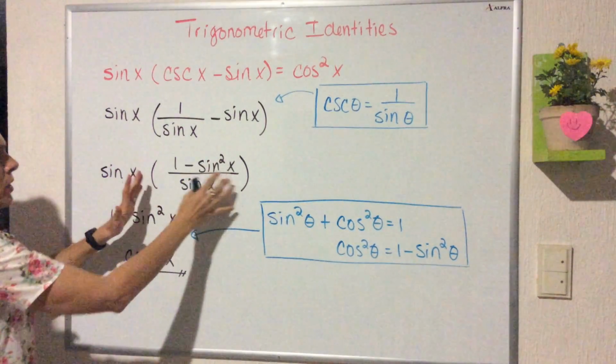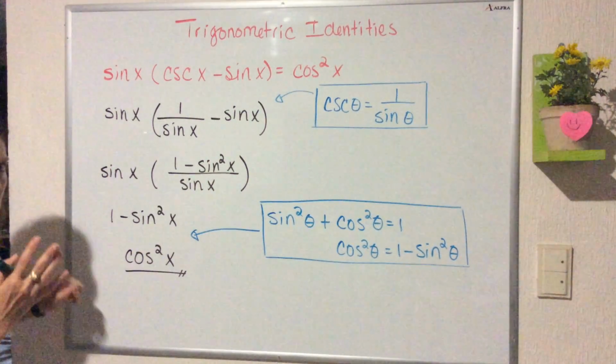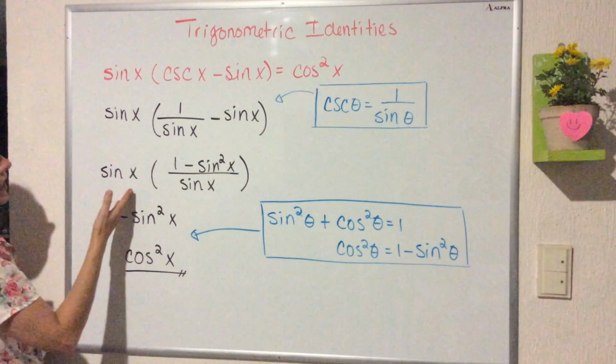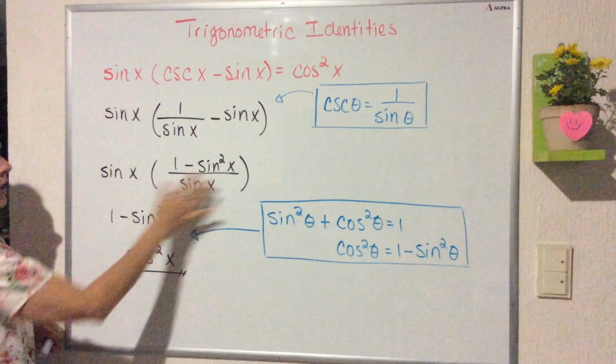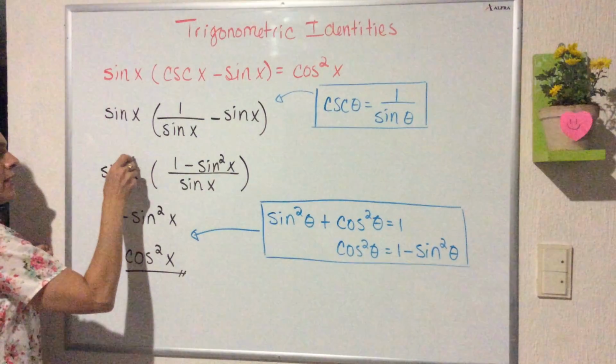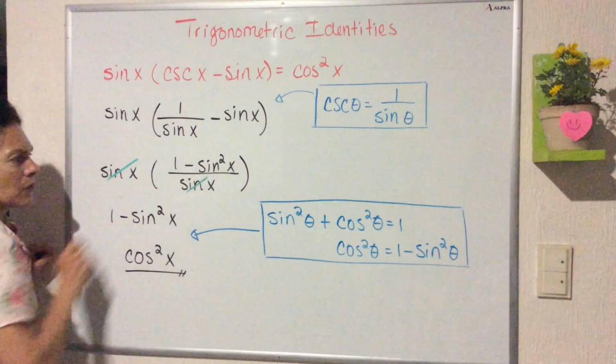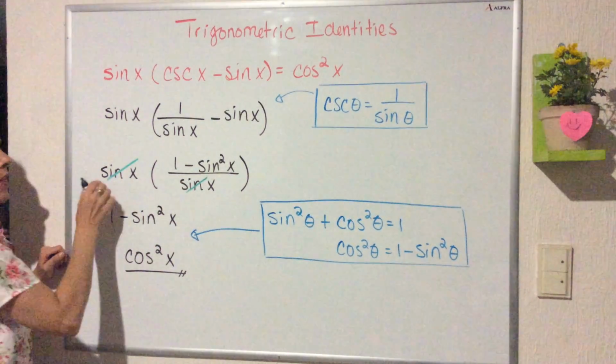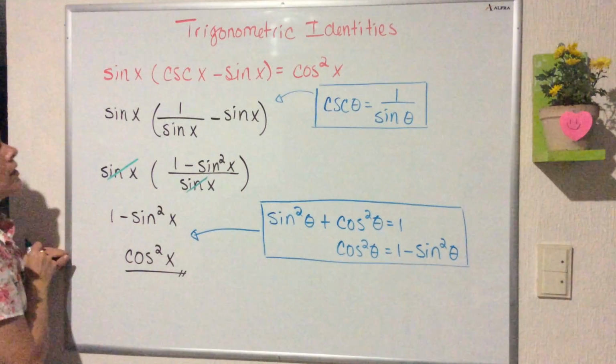Okay? Once we have this, look, this is important. I want you to realize that we are multiplying the sine of x by all this. But as we are multiplying, we are able to cancel this sine of x with this sine of x. Okay? Because these two are multiplying.